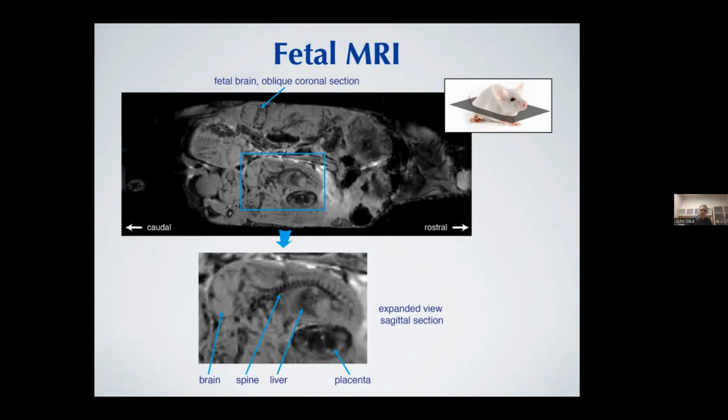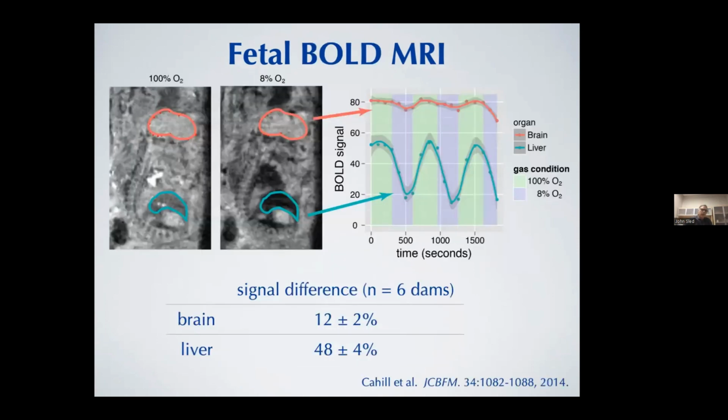So in this particular experiment, we did the same gas challenge that I described previously, where we cycled between 100% oxygen and then a very hypoxic condition, and looked at the BOLD signal. So this is T2 star weighted scans as an average in the brain and the liver. So this isn't functional MRI in the sense of doing a stimulus challenge and looking at specific brain regions.